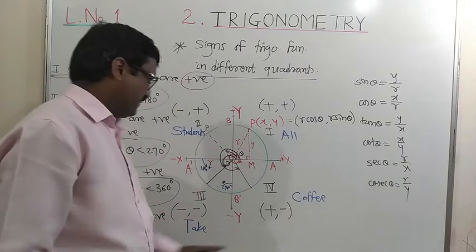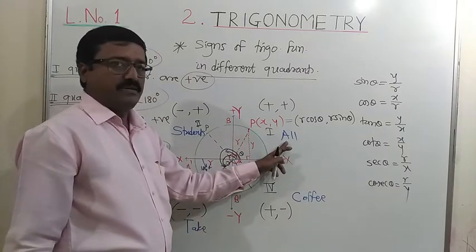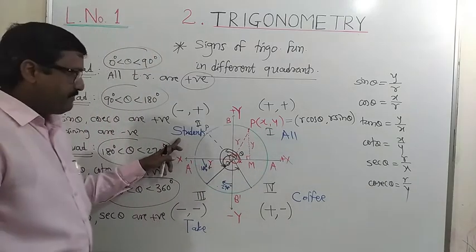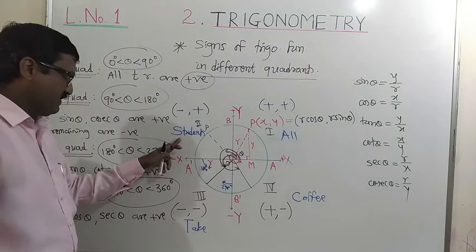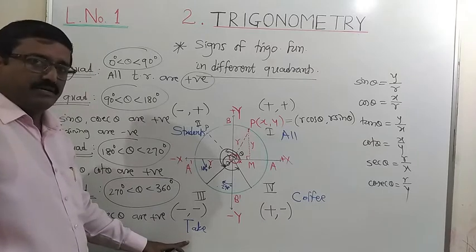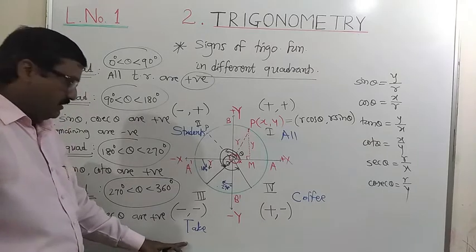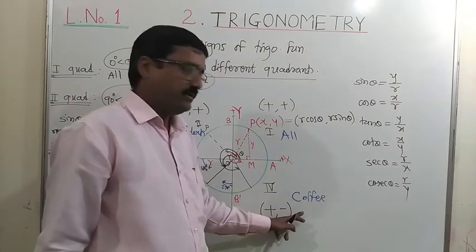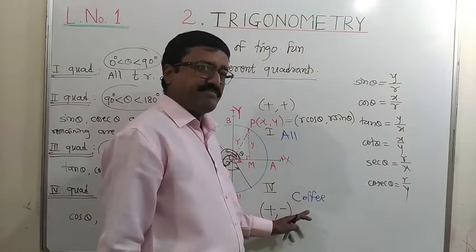This A for all means all trigonometric ratios. S for students, so sine with cosec. T for tangent, so tan with cot. C for cos, so cos and sec.